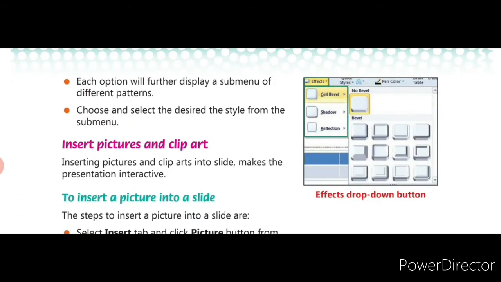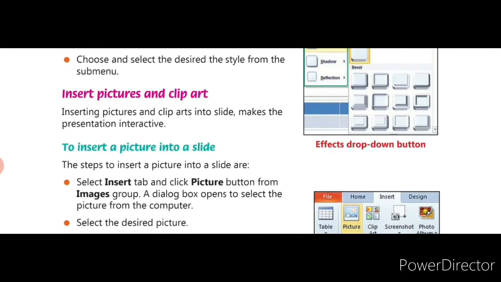So you select the insert tab, then click the pictures button from the images group. This dialog box will appear. You need to select the desired picture. You can browse the computer, select the desired picture, then click the insert button. So the picture gets inserted into the slide.